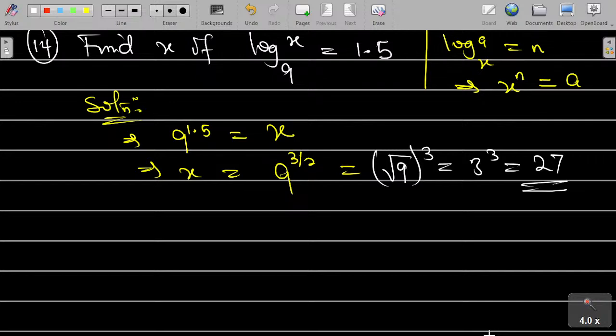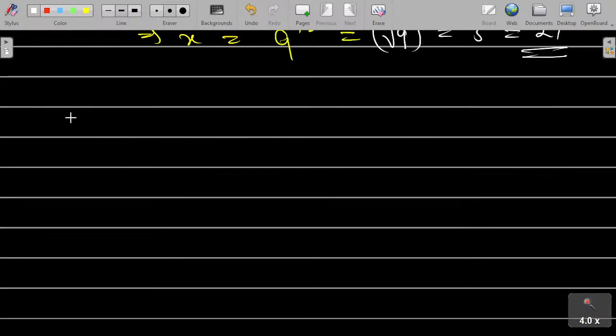So now we can continue since we have a little more time. So we go to 15. Let's see if we can get to 20. 20 is series and sequence. So from 15 to 19 is talking about surds.